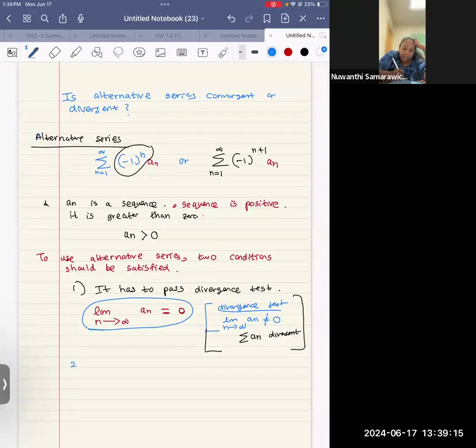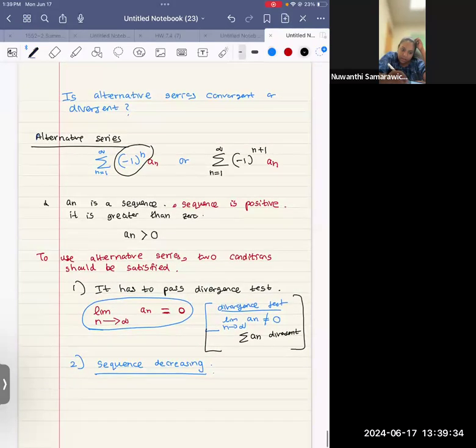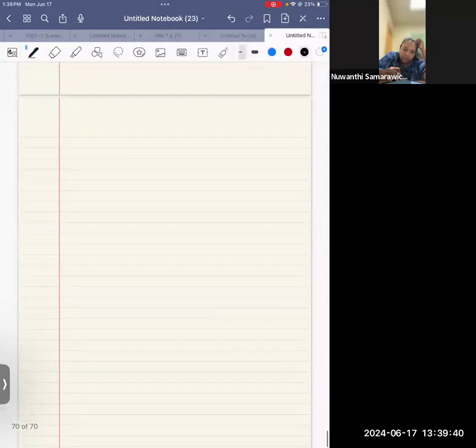So if it is 0, then the second condition is the sequence should be decreasing. Okay, so what is a decreasing sequence? We did this in the previous chapter.